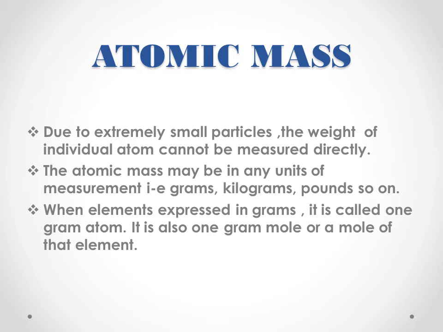When an element is expressed in grams, it is called 1 gram atom. It is also 1 gram mole or a mole of that element. And here you see 1 gram mole: the quantity of any element in grams is equal to a mole. And we say 1 gram mole or a mole of that element.